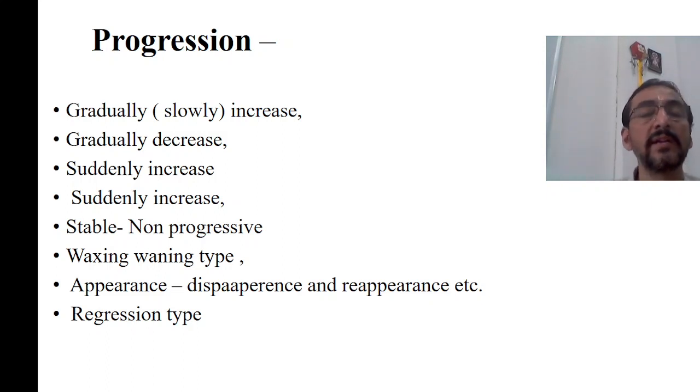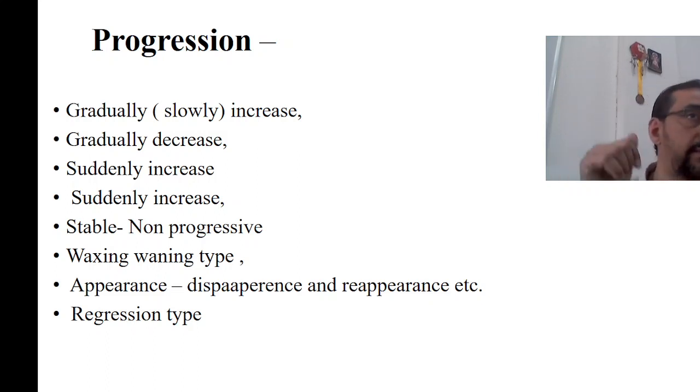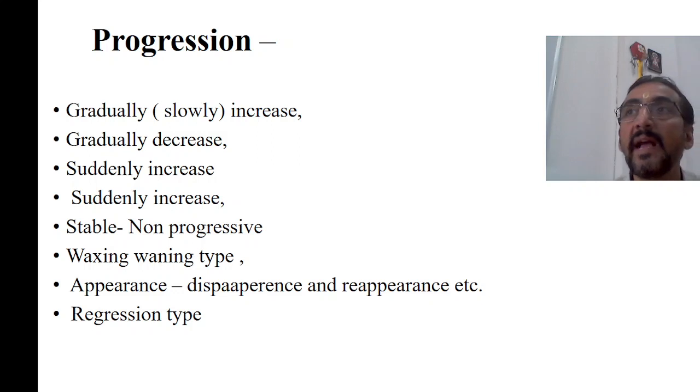This is about progression that we have to understand. Suppose fever: the patient says the fever is of acute onset and it is gradually progressive.